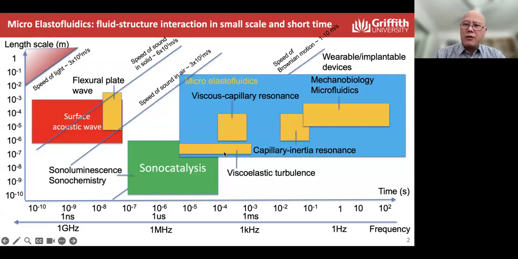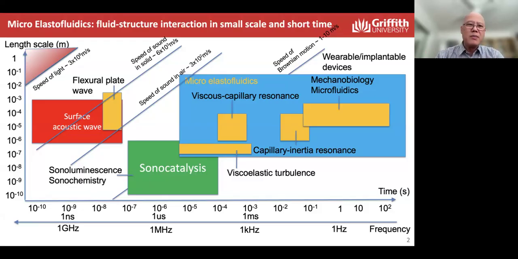And in conventional microfluidics, time scale can go all the way down to 100 microseconds. That's the fastest you could do. And the physics in these blue areas is actually the physics we are currently working on.